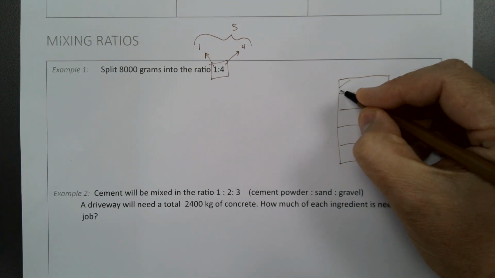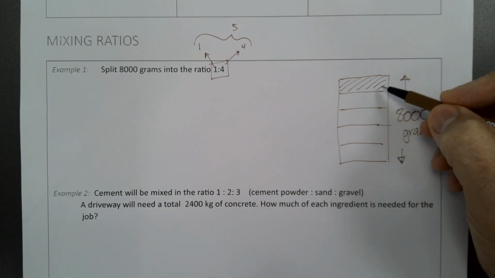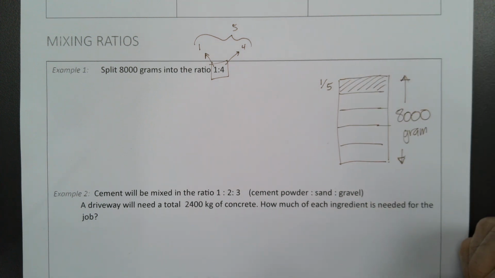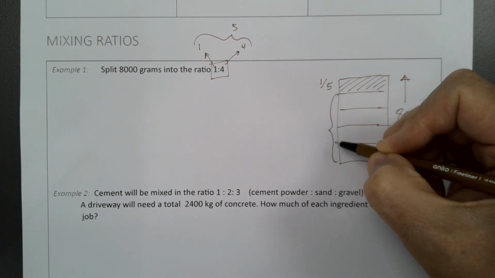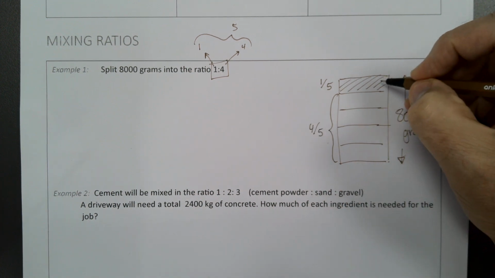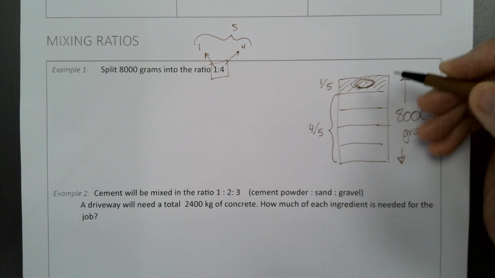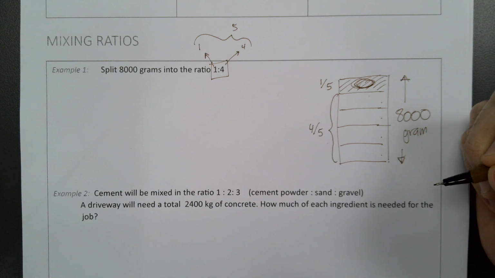So there's 1 part. What is that? Well, that's 1/5, isn't it? It's 1 out of 5, and this here is 4/5. So if I can figure out how many grams are in that one, and then how many grams are in all of this, that's it broken up into 1:4. There's 1, 2, 3, 4 parts there.